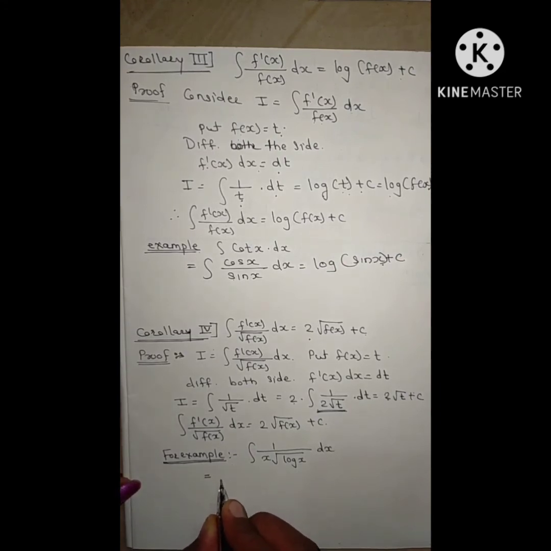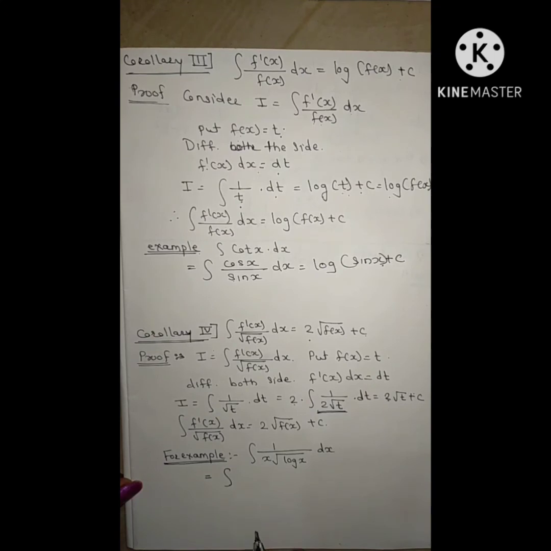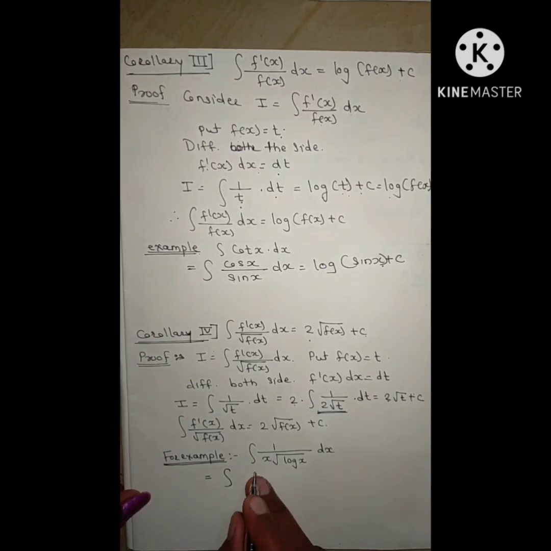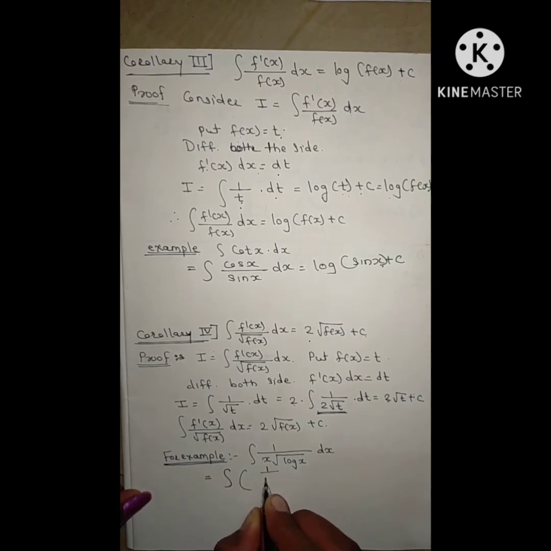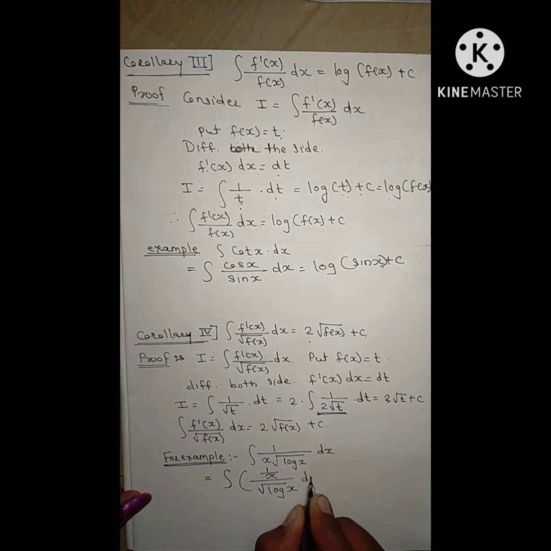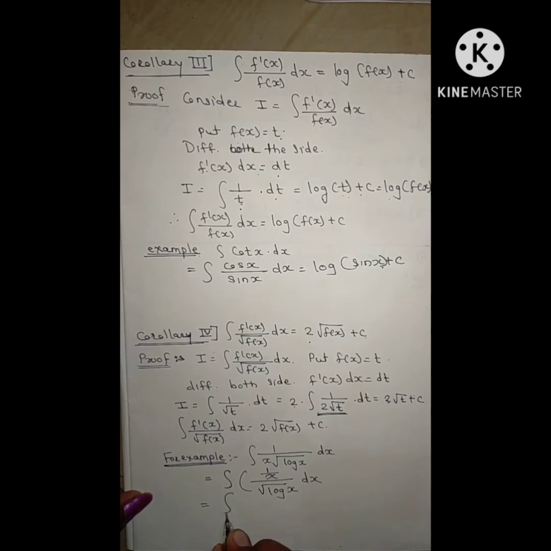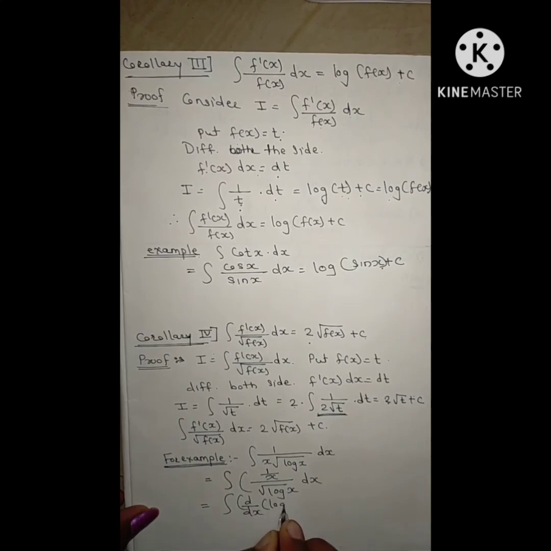Value of this integration, integration of 1 upon x divided by under root log of x into dx, which is equal to integration, therefore 1 upon x is written as d by dx of log x divided by under root log x into dx, which is equal to 2 into under root log x plus c.